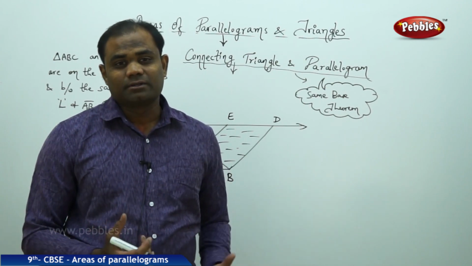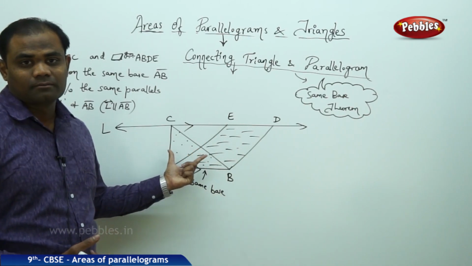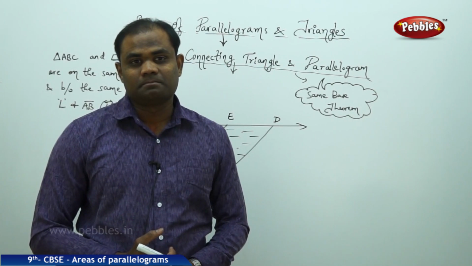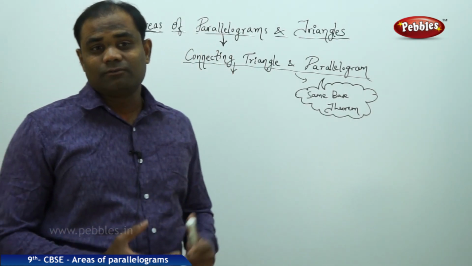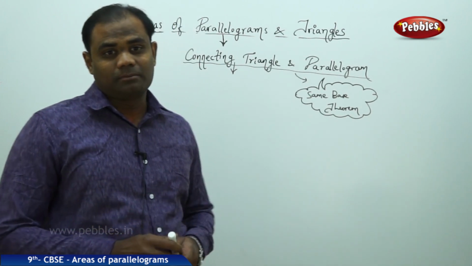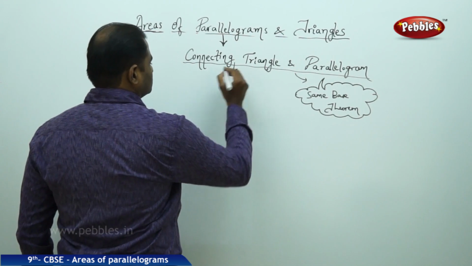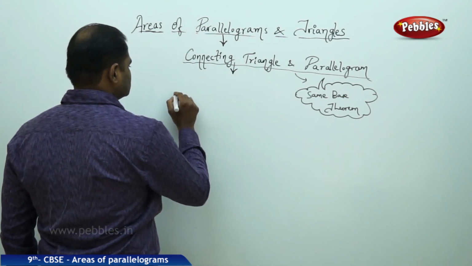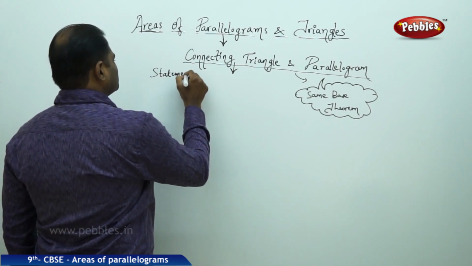Let's investigate area connected with parallelogram and triangle on the same base and between same parallels. Now let's state the theorem. Same base theorem for a triangle and a parallelogram. So, statement.